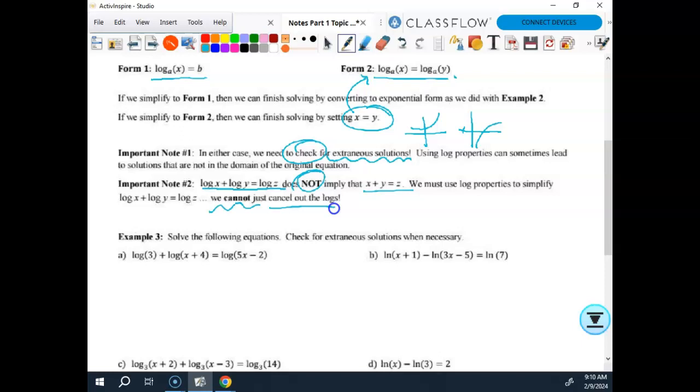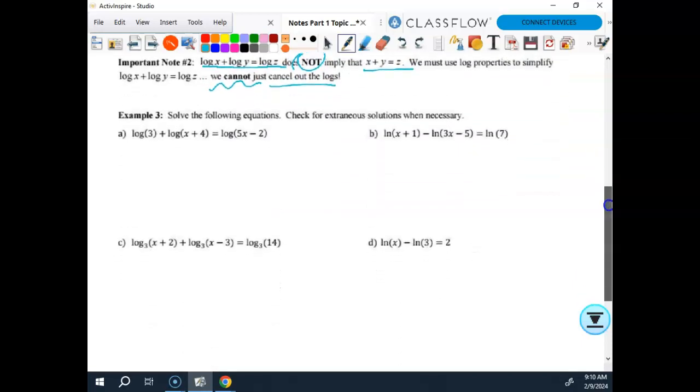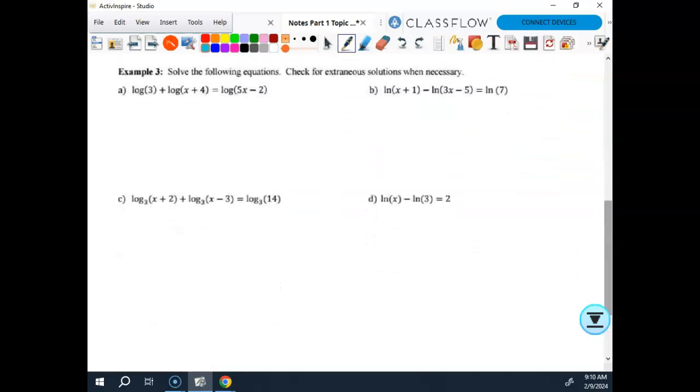So let's look at this example here. Since they're logs and we should check for extraneous solutions, we're going to look for our domain at the very beginning because you always have to do it from your original equation. Log of 3 is just some number. There's no x in there, so I'm not worried about it. Let's say that I solved and I got x equals -6.